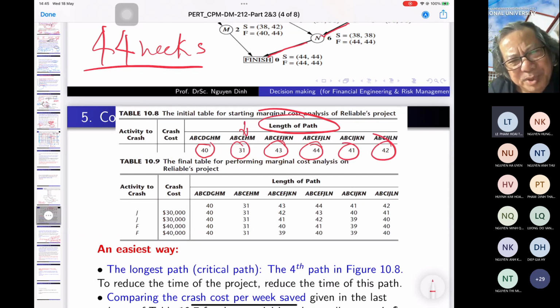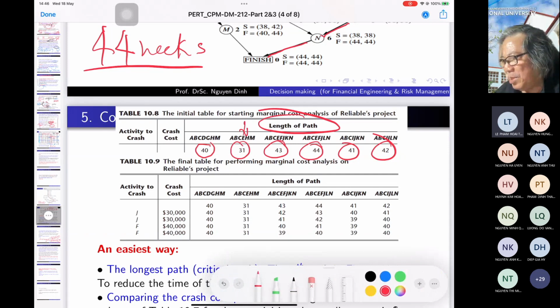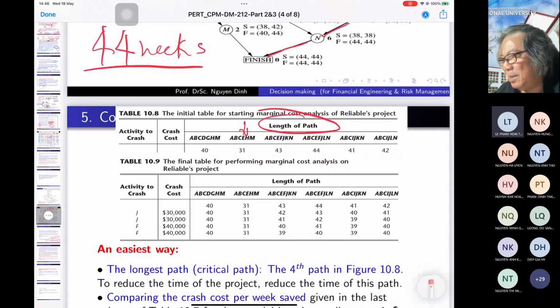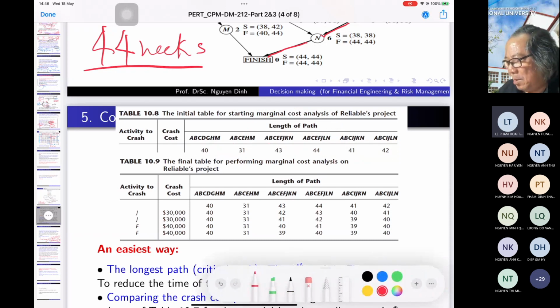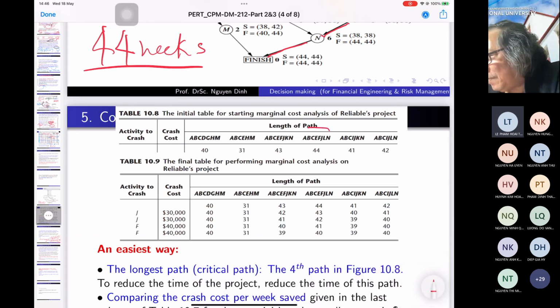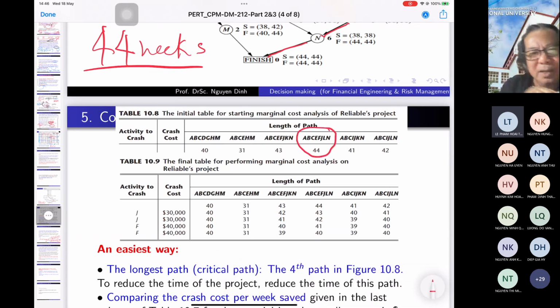If you want to reduce the duration of the project, the longest is 44. First of all, if you want to think of the reduction of the length, we should think of reducing the length of the critical path. Is that right?